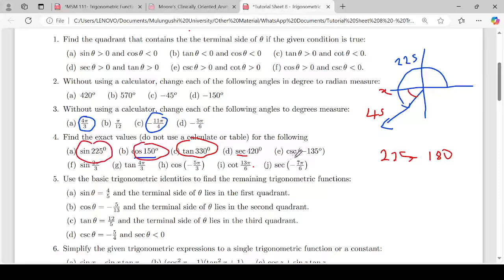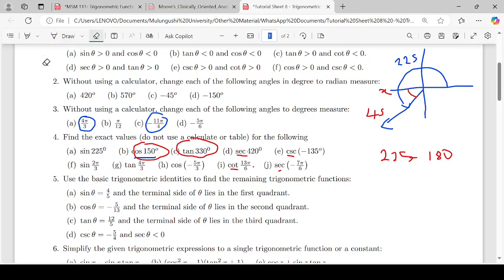These are the other special, the uncommon ones, so come back to this. We're now going to answer this one. We'll come back to answer this and this and this. You have known how to do sine 225, sine this, sine that.